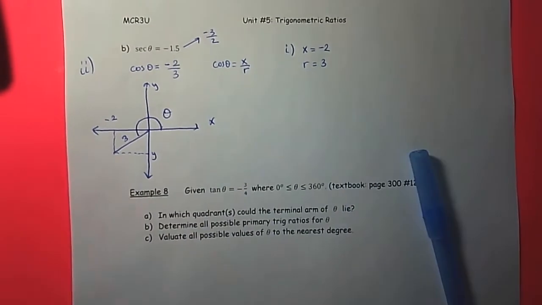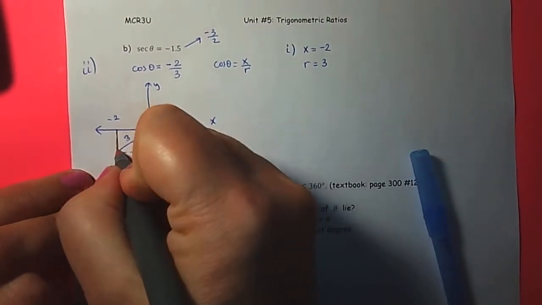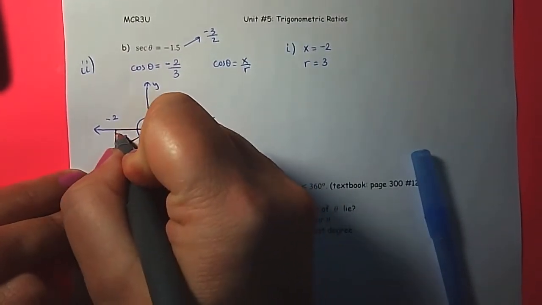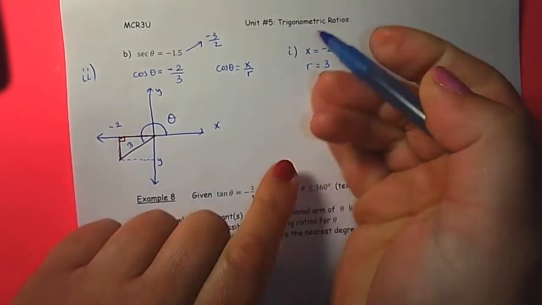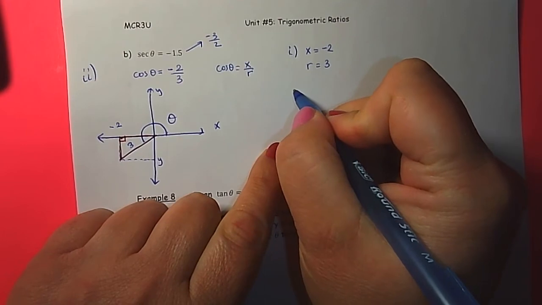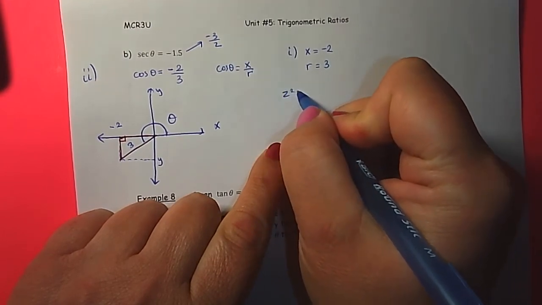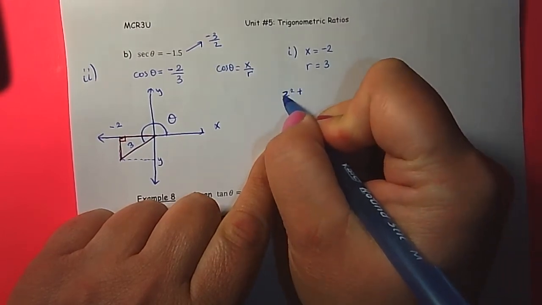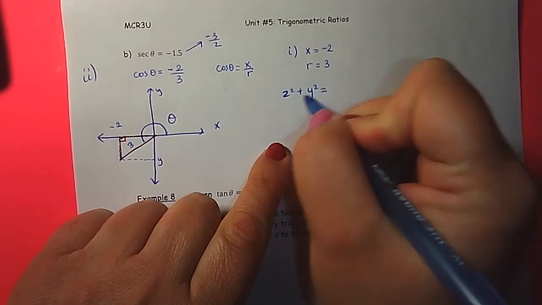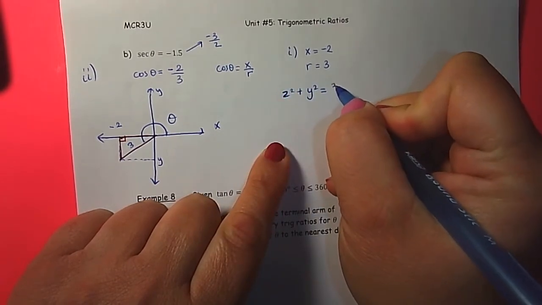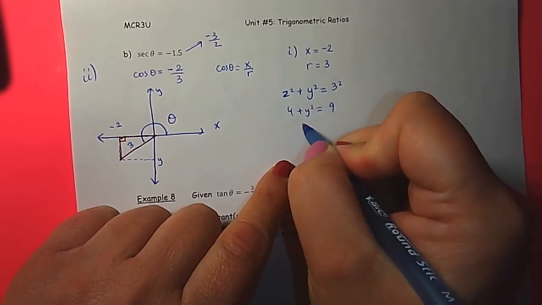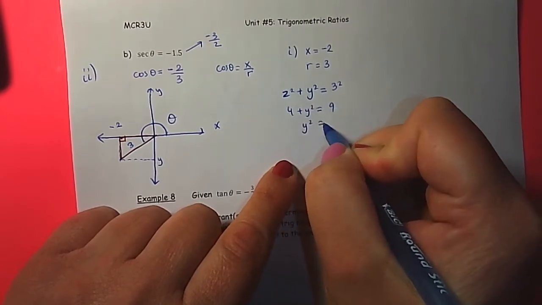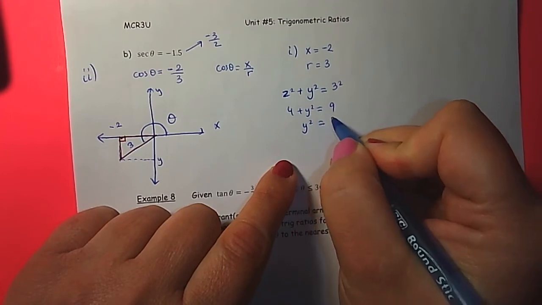Again, we are going to use the reference triangle and Pythagoras to find y. So we can do 2 squared plus y squared equals r squared, which is 3 squared. So 4 plus y squared equals 9, y squared equals 5.